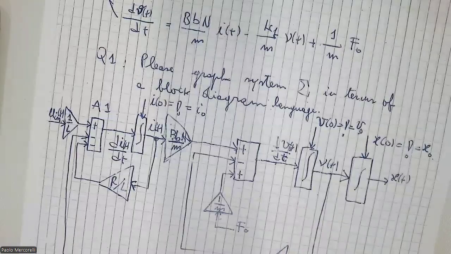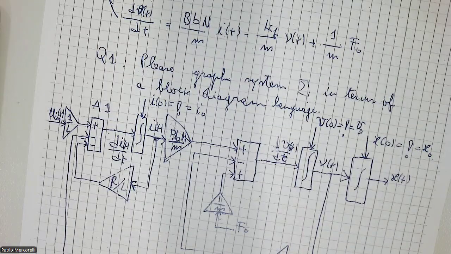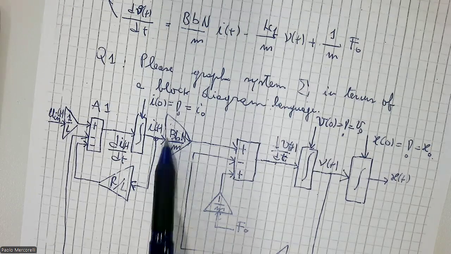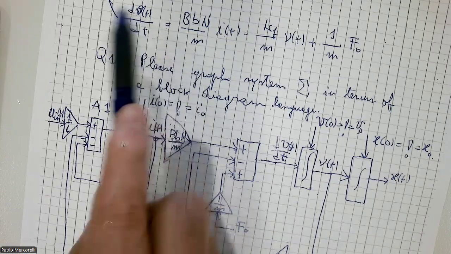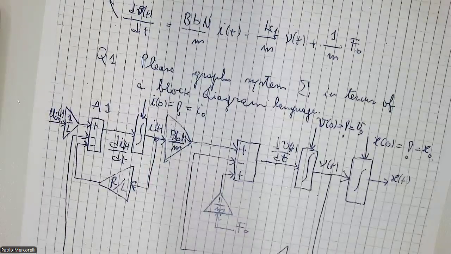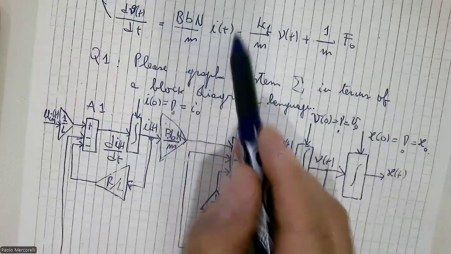It depends on the sign of this. It's exactly B capitalized multiplied by B not capitalized multiplied by N, divided by M here because M considers the acceleration. But here it's the Lorentz effect.